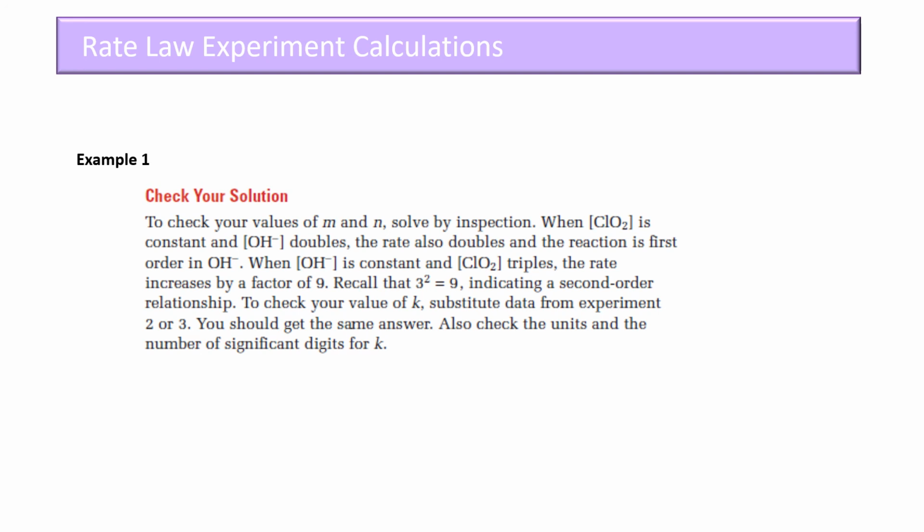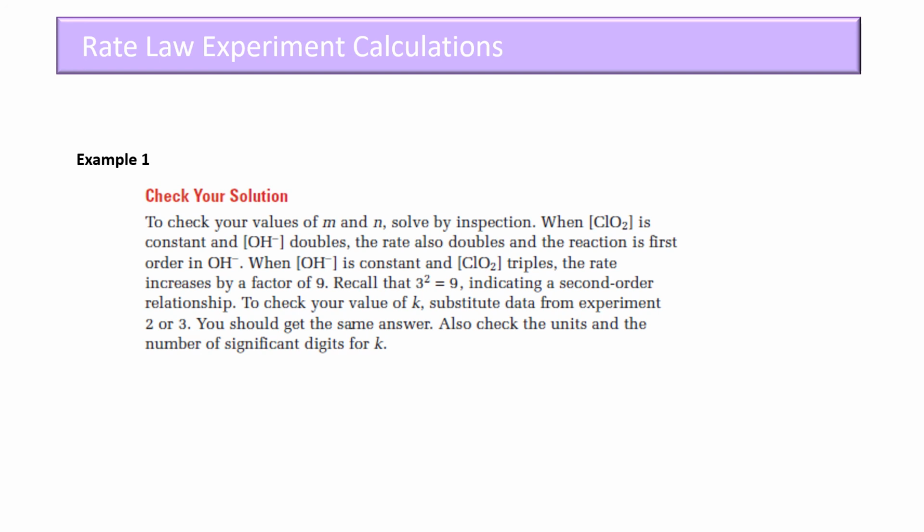When the concentration of ClO2 is constant and OH minus doubles the concentration, the rate also doubles and the reaction is first order in OH minus. When the concentration of OH minus is constant and the concentration of ClO2 triples, the rate increases by a factor of 9.